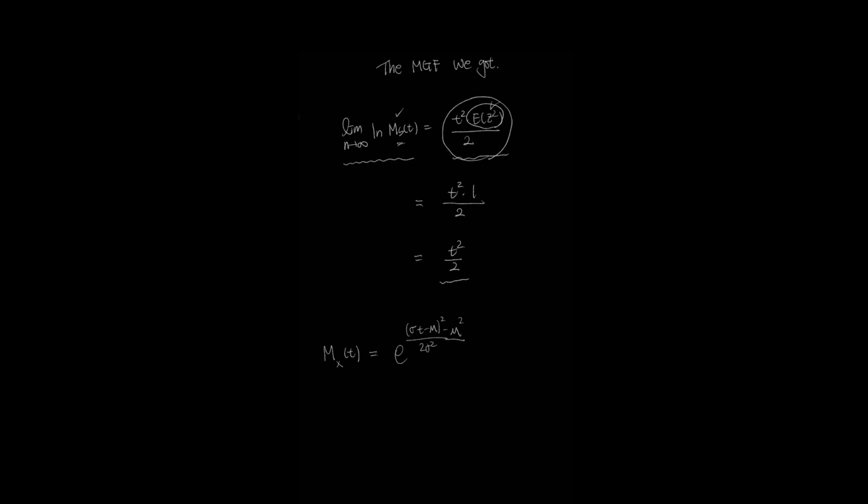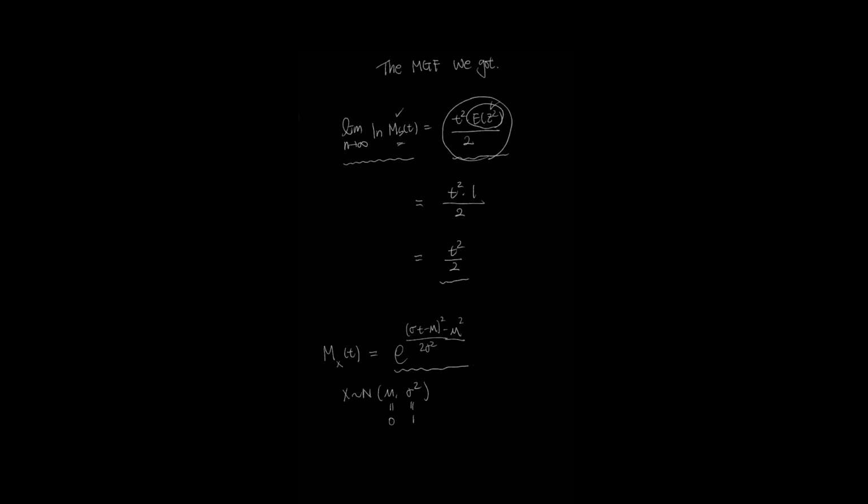You remember, a long time ago, we proved the MGF of X when X follows a normal distribution with mean mu and standard deviation sigma, and the MGF goes like this. So to get the MGF of a standard normal distribution, all we have to do is put 0 and 1 into each parameter.